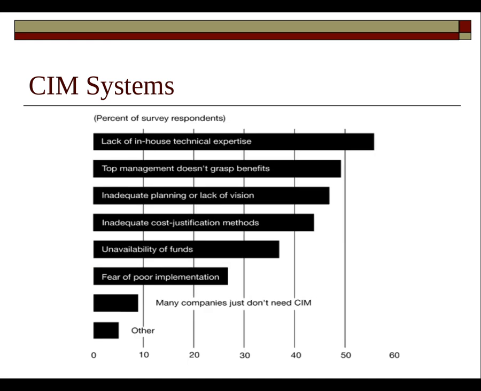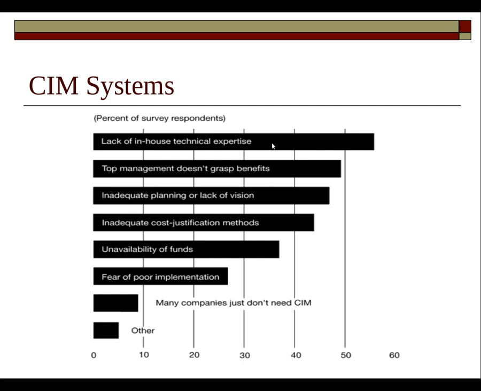All right. Now, a lot of times there's a lot of people at a company that are like, we really need to automate this and do this computer integrated manufacturing. But then there's other people who are hesitant to do that. And a lot of times some of these people are up in higher management and they don't want to do it, and they give various different reasons.